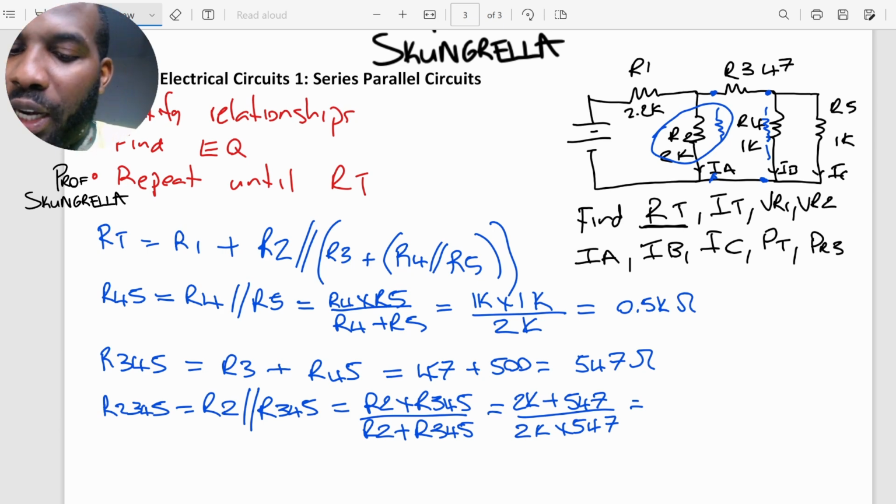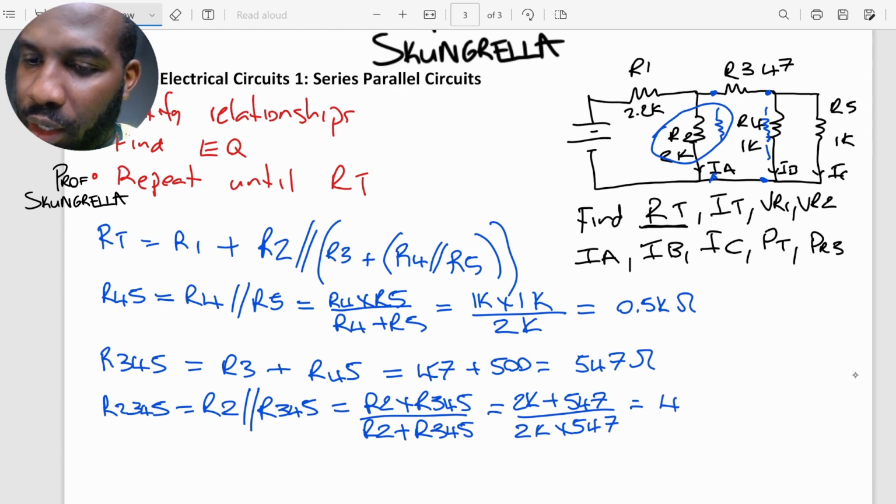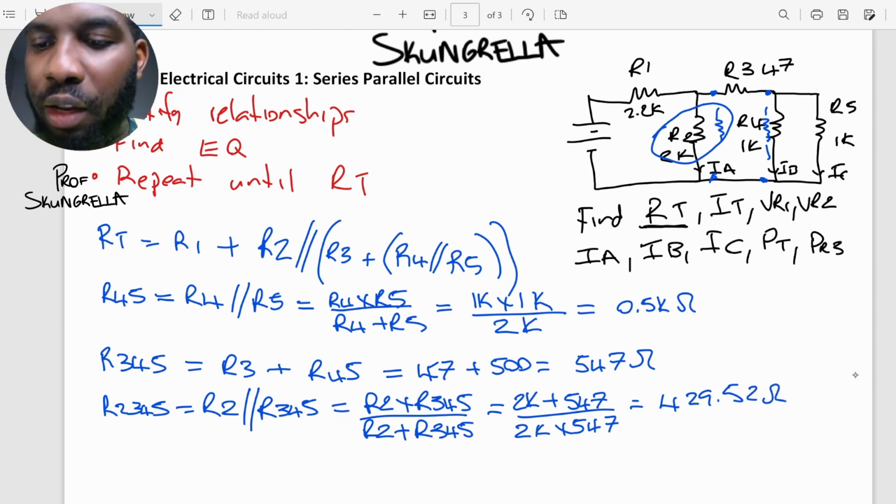So our answer should be less than 547. So the answer is 429.52 ohms, right? This is the answer we get for the parallel resistance.